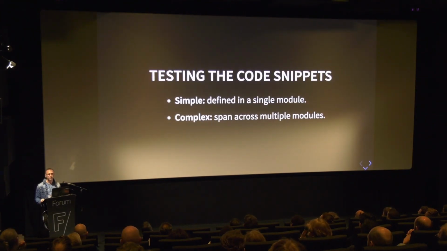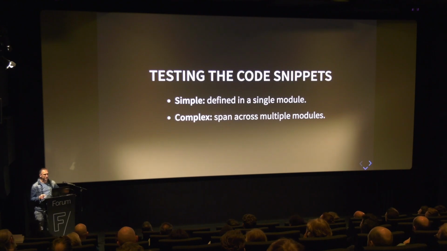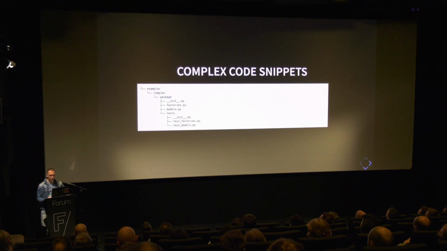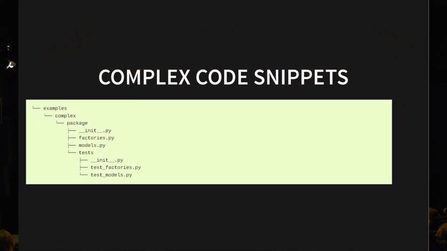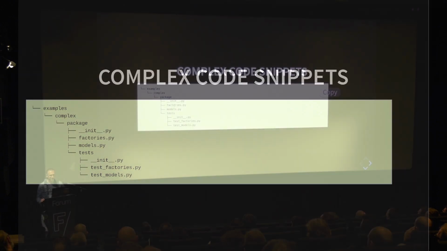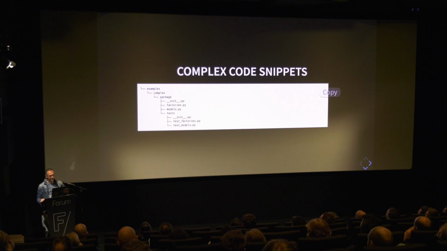So, more about testing the code snippets. It makes sense to distinguish between simple code snippets that are defined inside of a single module and complex ones that might span across multiple modules. Complex code snippets might look like this: the complex package, then you have your modules, factories, and models, and then you have tests for each of them.